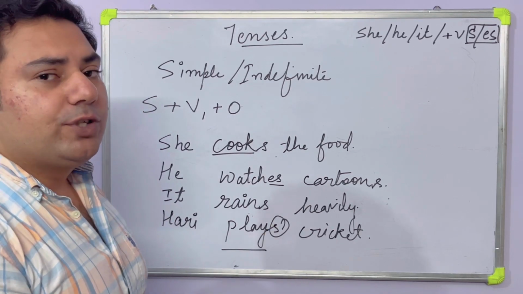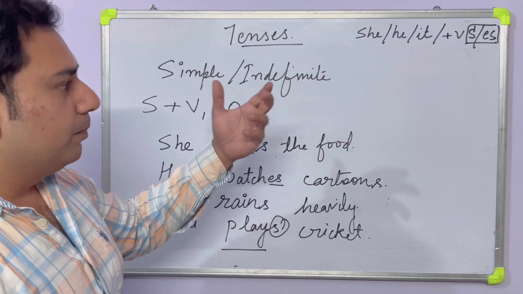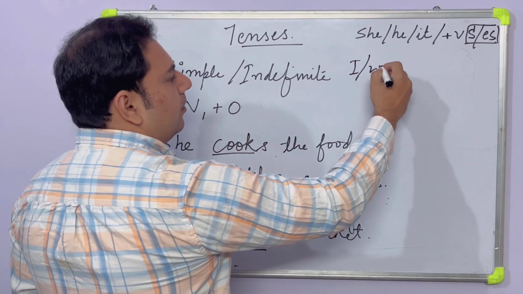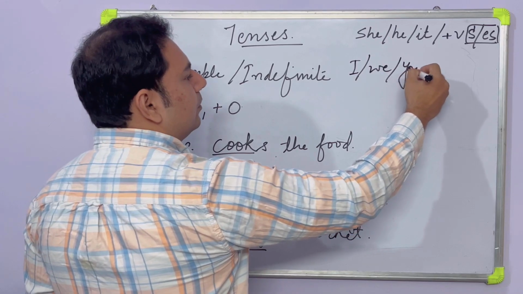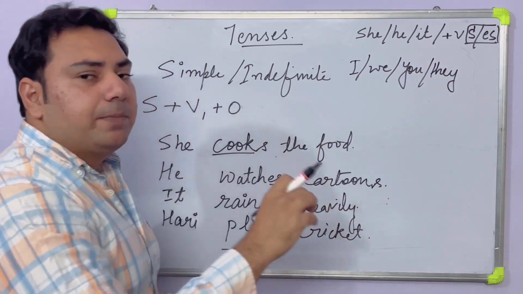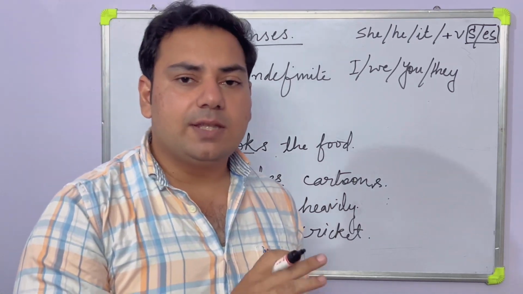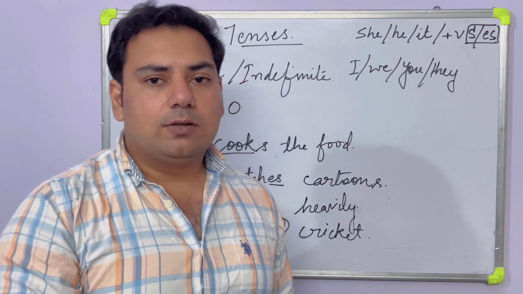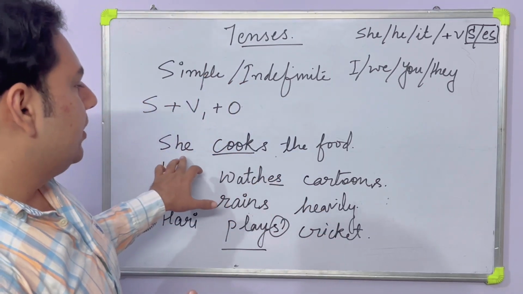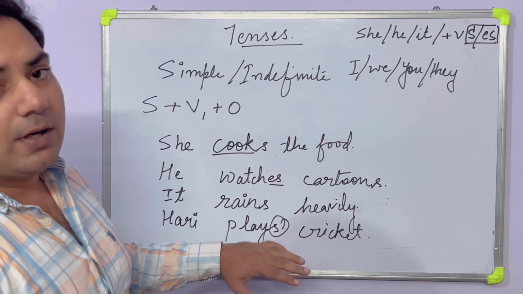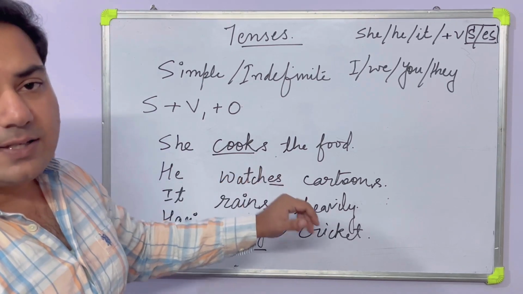Now if we have to change it with the plural form, what will happen? I, we, you, and they will be using the simple form. No changes will be there, so the verb will not change. The verb will change according to the subject. If the subject is a singular noun or a pronoun, then the verb will have s or es.